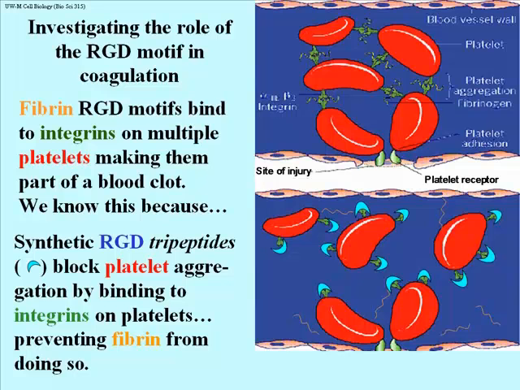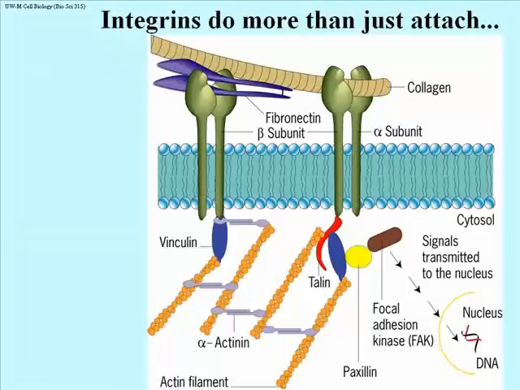So these synthetic RGD tripeptides block platelet aggregation by binding to the integrin on the platelets and displacing or preventing fibrin from doing so. So that's an experiment that we did. Not me, but the grand we, did to show that the RGD motif is actually responsible for platelet recognition and aggregation.